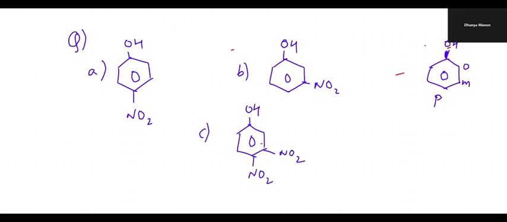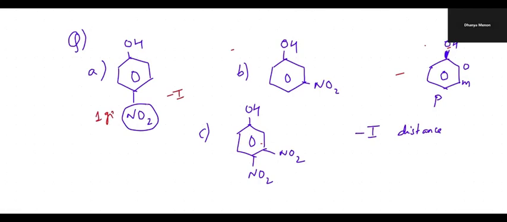Now we already know that the I effect, minus I or plus I effect, depends on the distance. Here NO2 group is a minus I group. Here there is one NO2 group present.